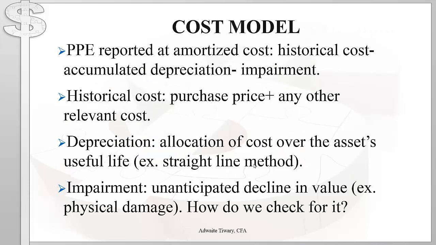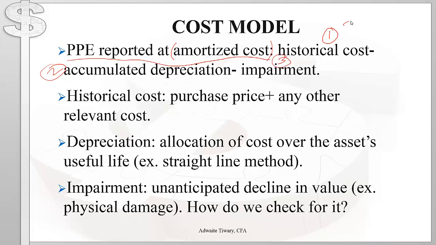Let's take a look at the cost model first. In this model, the property, plant and equipment is reported at amortized cost. Amortized cost is equal to the historical cost minus accumulated depreciation minus impairment.